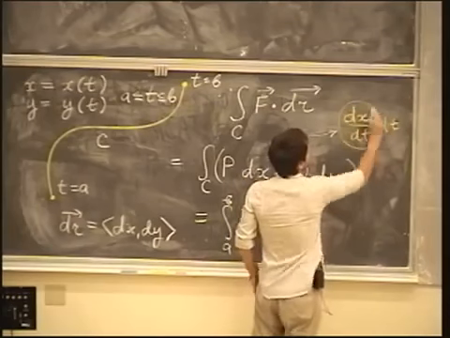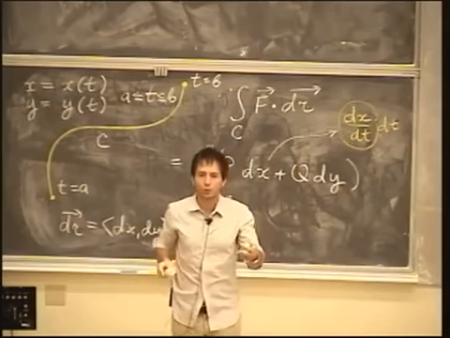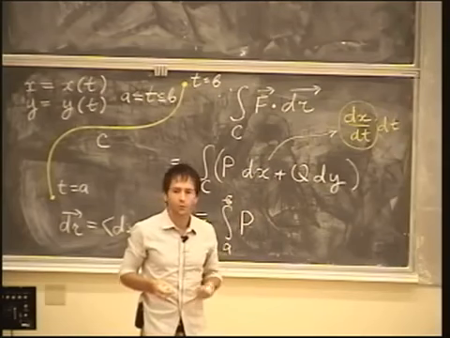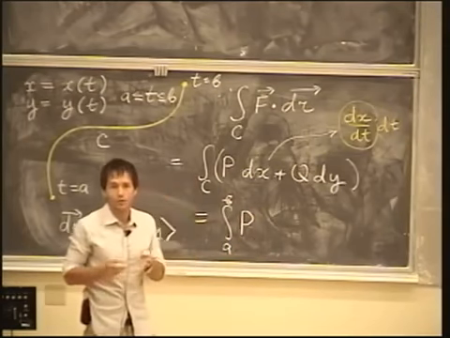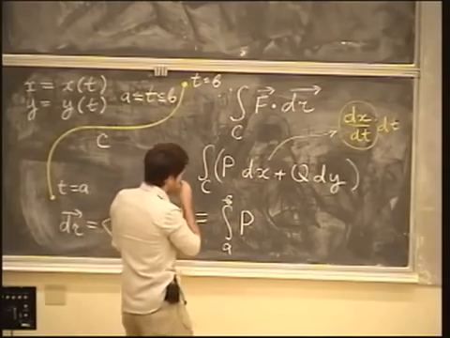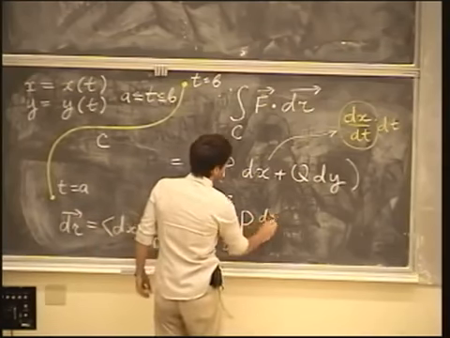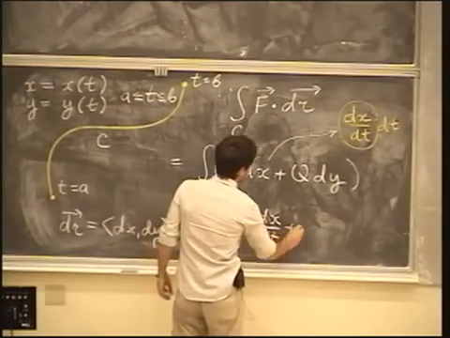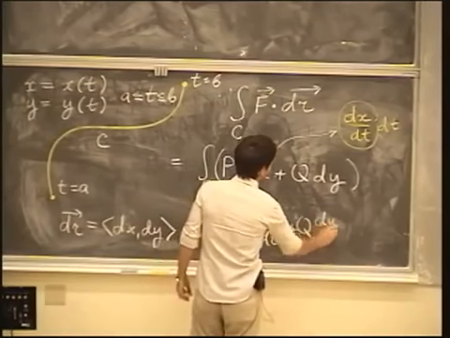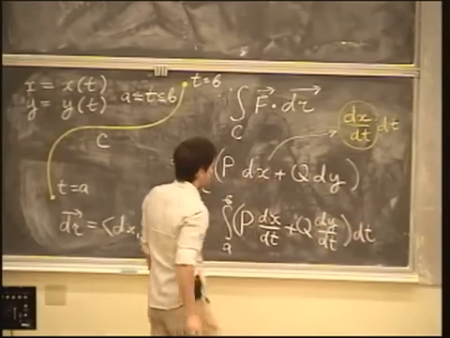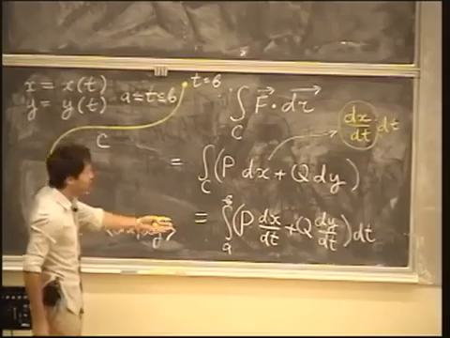So this quantity is reminiscent of Jacobians, or even earlier in one-variable calculus, we always had this factor when we made the change of variables. And this kind of factor shows up here as well. So the end result is that you get P dx/dt plus Q dy/dt. And that's already an ordinary integral in t.